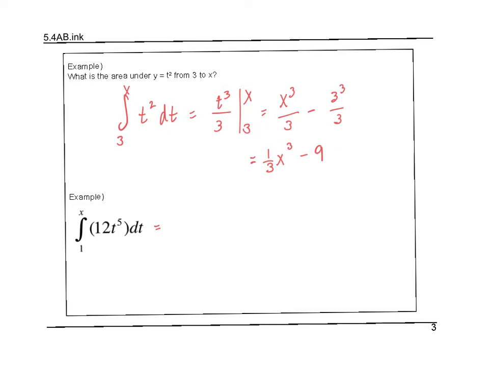Okay, so the second one is done exactly the same way. Add 1 to the exponent, divide by the new exponent. First of all, you would start with 2t to the 6th from 1 until x, and then you would end up with 2x to the 6th minus 2.